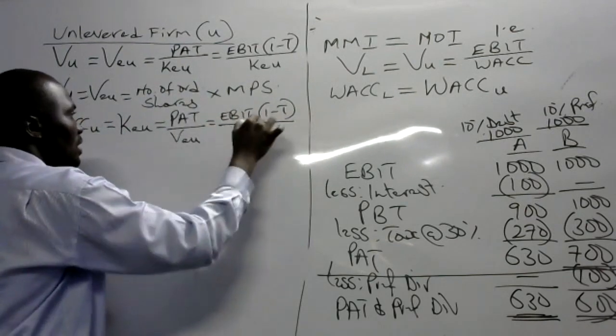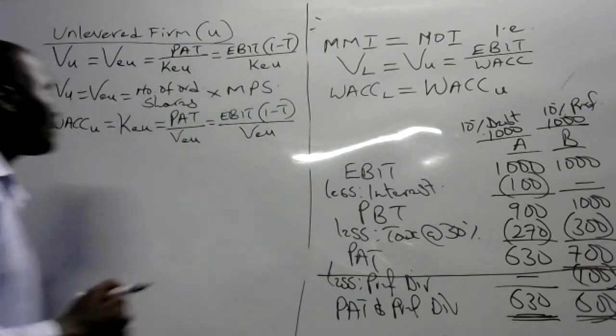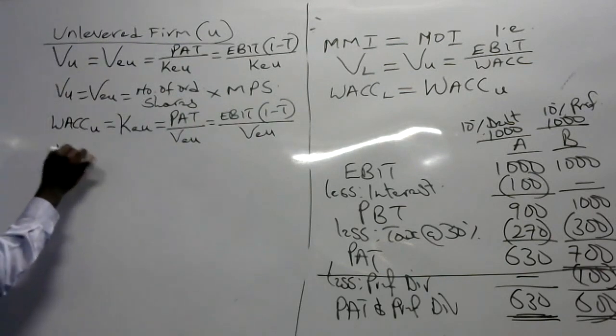We divide by the value of equity of the unlevered firm. That is for the unlevered firm. Then we look at the levered.